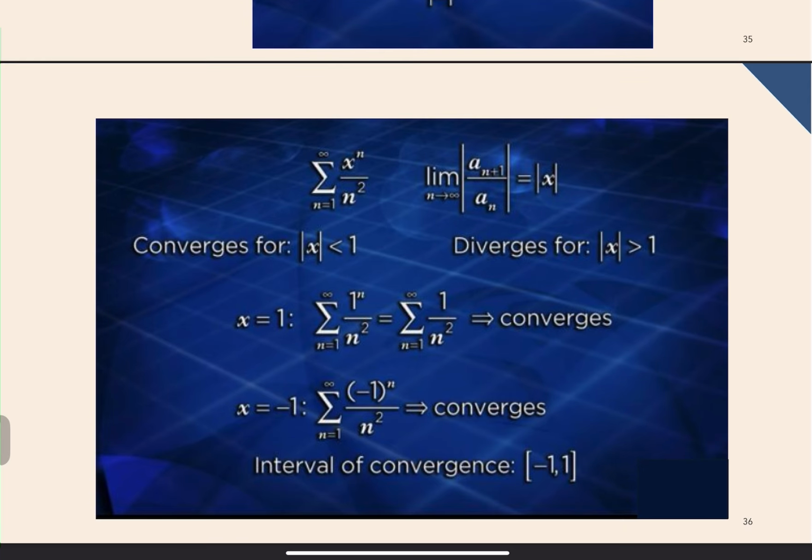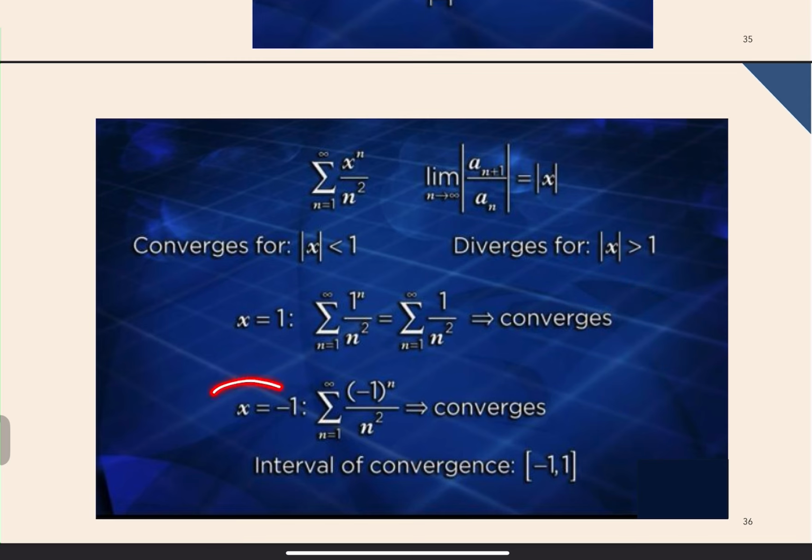This brings back the memory of your p-series. When p is greater than 1, it converges. So please do not forget the p-series test. This is 1 over n squared, a p-series with p equal to 2, and this one converges.